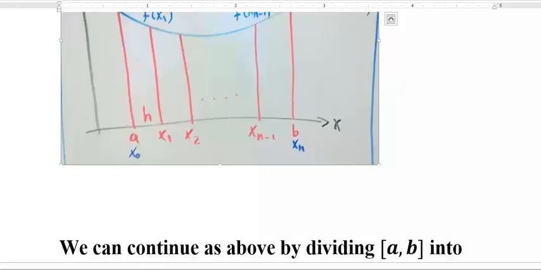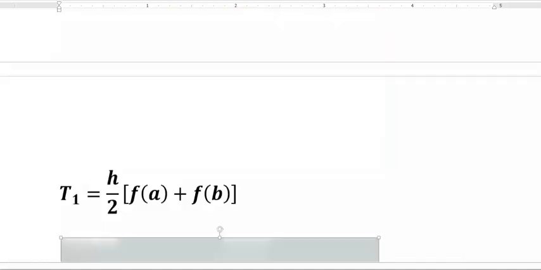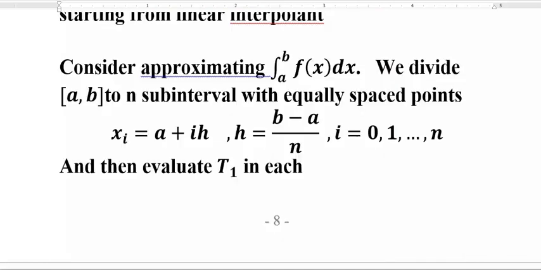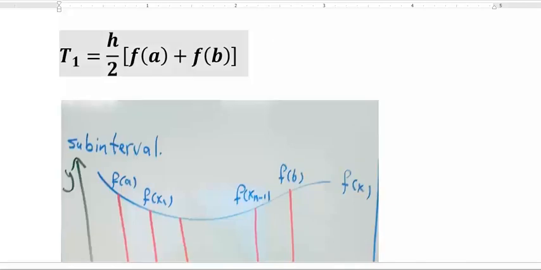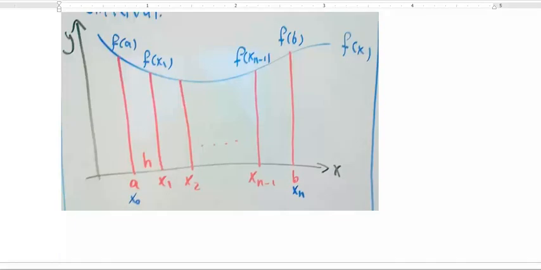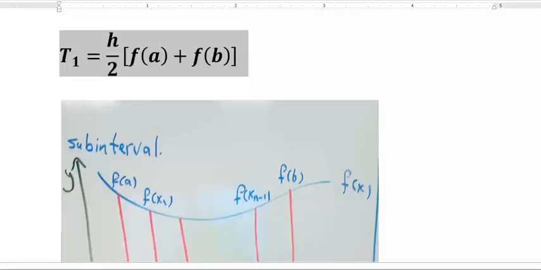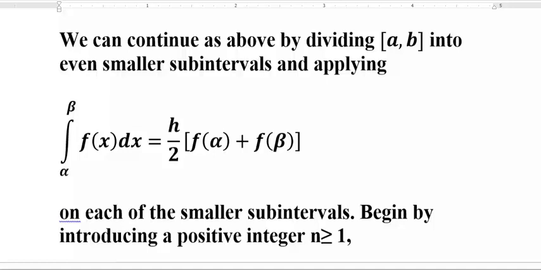Okay. So in each sub-interval we apply the basic trapezoidal rule and add them.